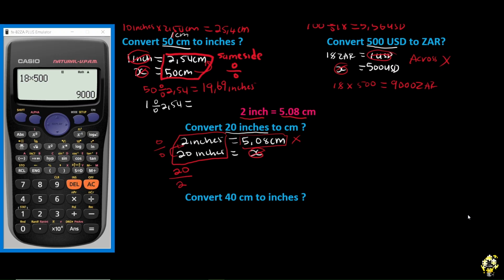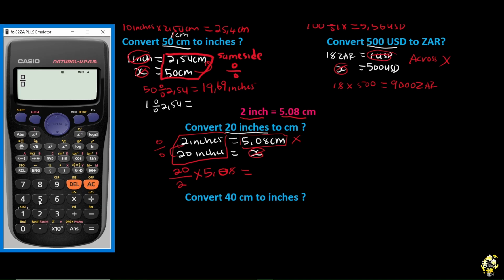You'll see why. Because I have dealt with this side by dividing these 2 values, now I have to multiply by what is across, and that is 5.08. So let me go to my calculator.